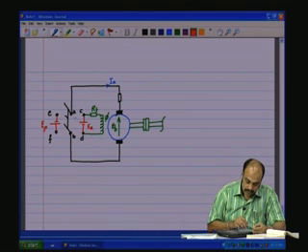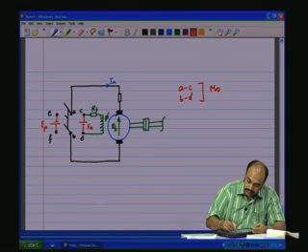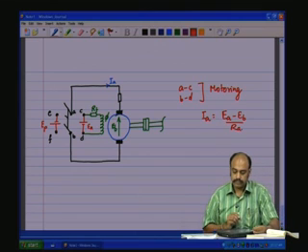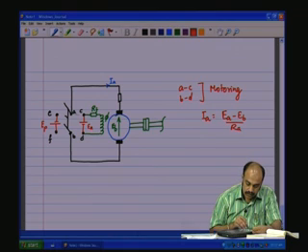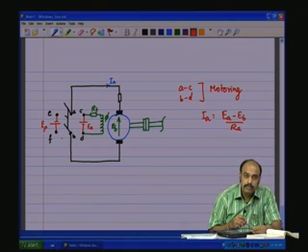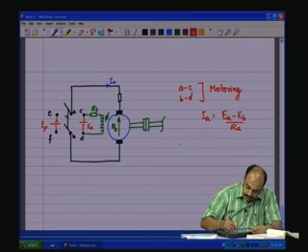So, now what is done is when A and C are connected, B and D are connected, then it is motoring. Under such conditions, IA is equal to EA minus EB by RA. Now, when we want to stop, we open this double pole double throw switch and then connect it to E and F. So, while braking, A and E are connected, B and F are connected.